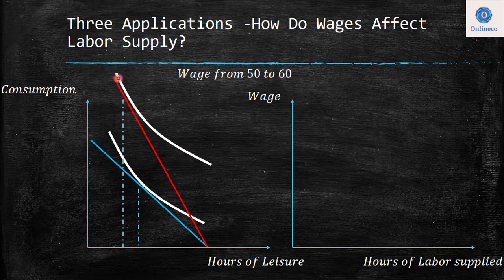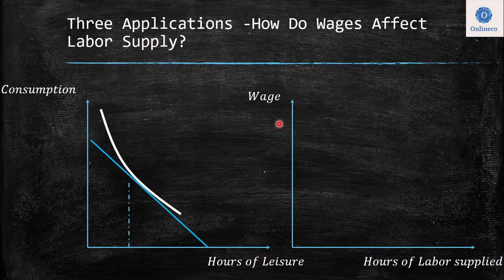So at this part, you will get a higher indifference curve, more consumption, but here less hours of leisure. So it means automatically, because the wage increases, the hours of labor supplied increase as well. So for this reason, we get the relationship between wage and hours of labor supplied. So this is the situation.